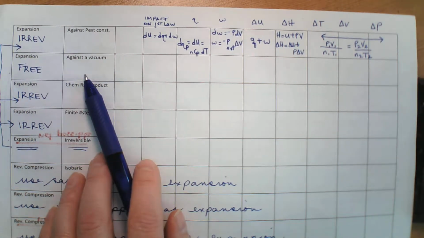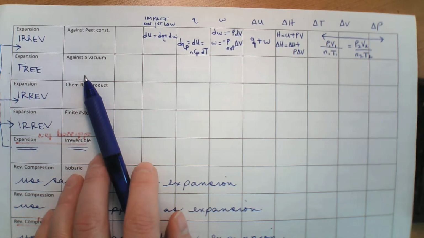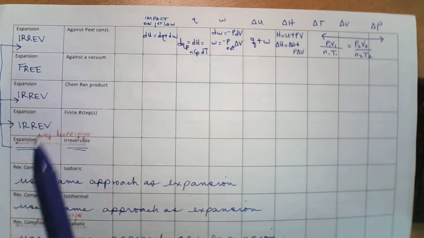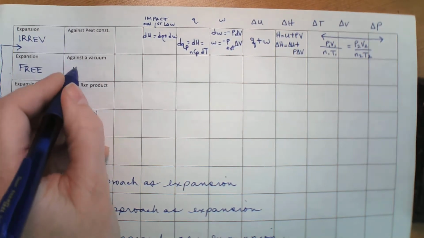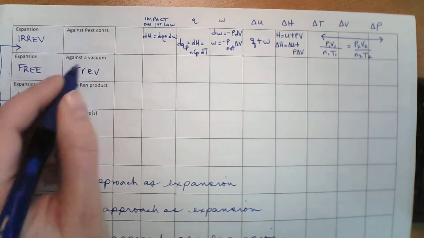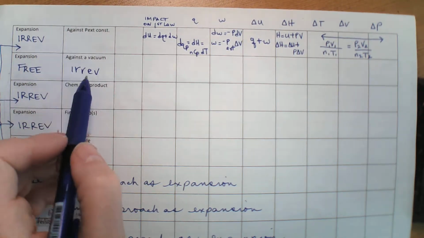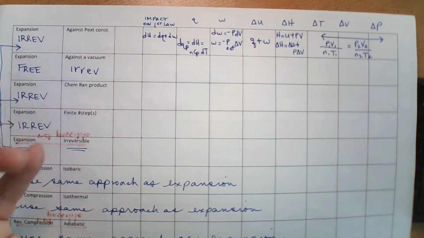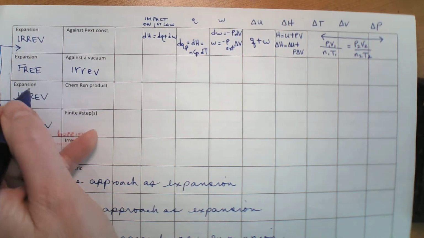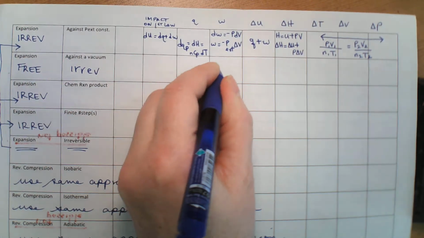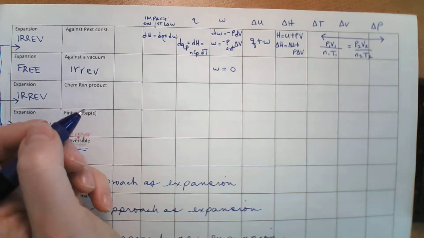For a free expansion, that's against a vacuum. That's also irreversible, but it's working against a constant external pressure of 0. And so work is 0 in this case.